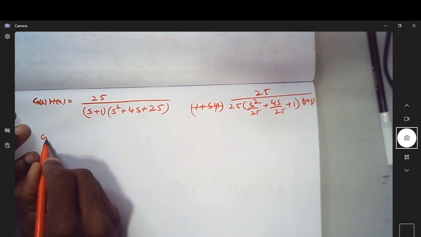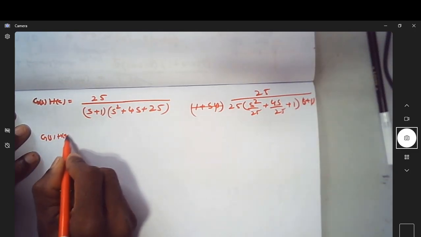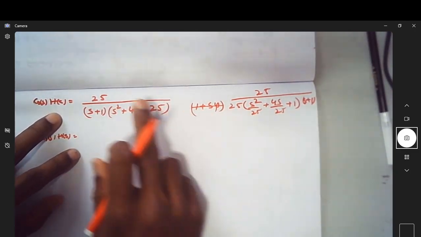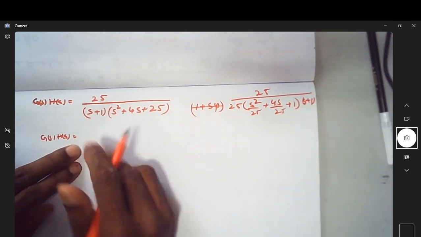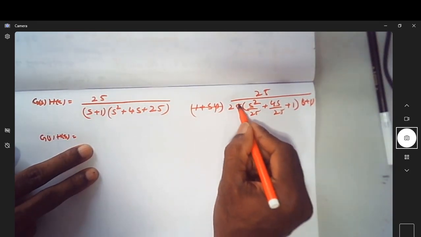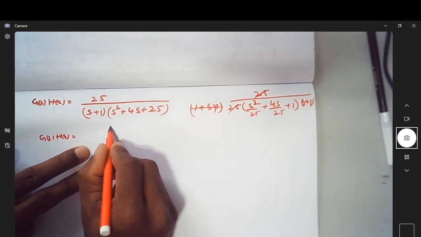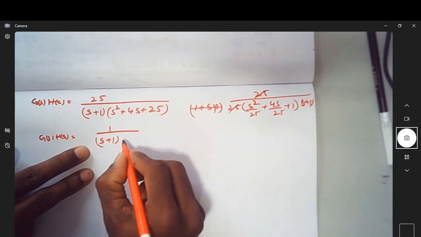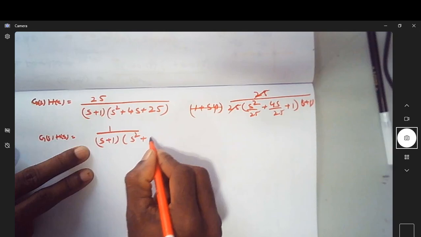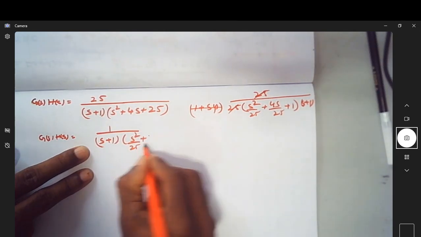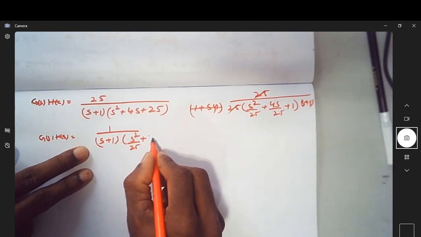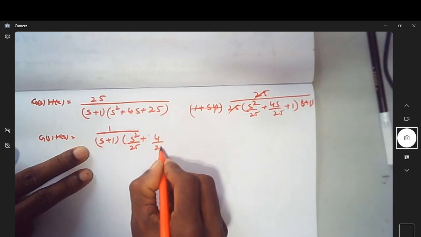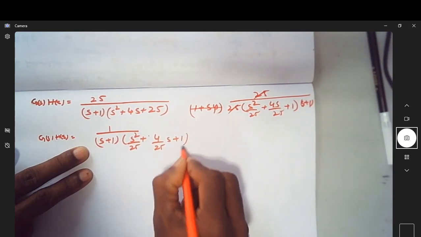I can now write H of s in the time constant form for this original equation. This 25 will cancel with 25, and I will end up with 1 over s plus 1 into s square by 25 plus 4s by 25 plus 1.